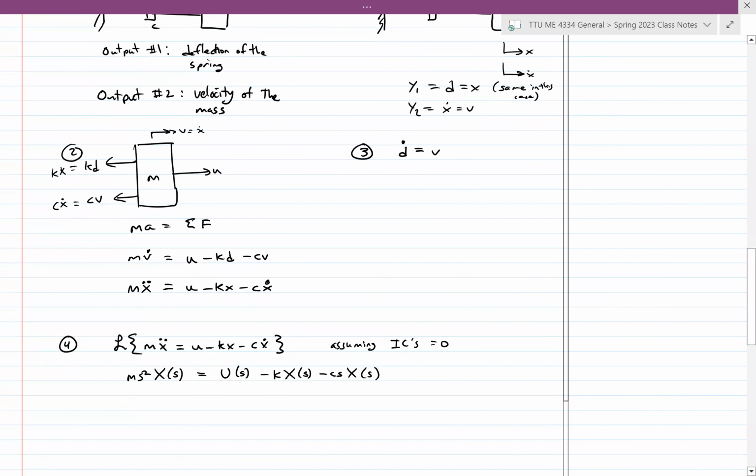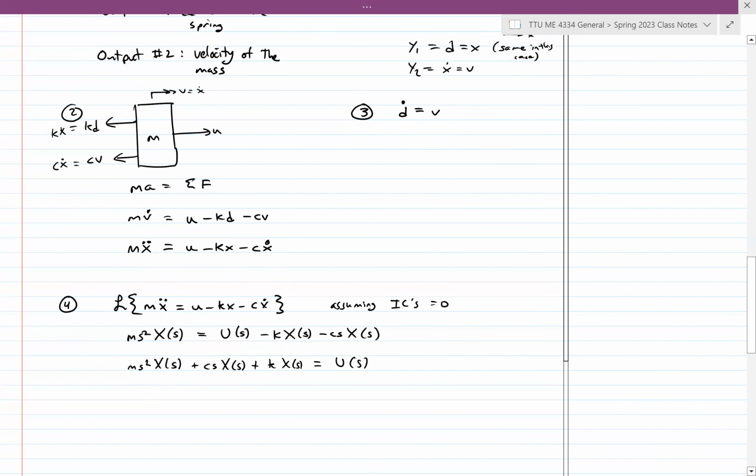Okay, we have this. We can solve for X by moving everything over. MS squared X of S plus CS X of S plus KX of S is equal to U. All right, let's just group all those X of S's together.